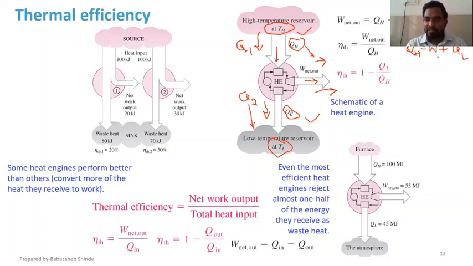Or if you add this W plus QL, work output plus heat rejected by the engine, the addition of those two must be equivalent to heat input to the system. So from this one, you will get this relation. W net is equal to QH minus QL.